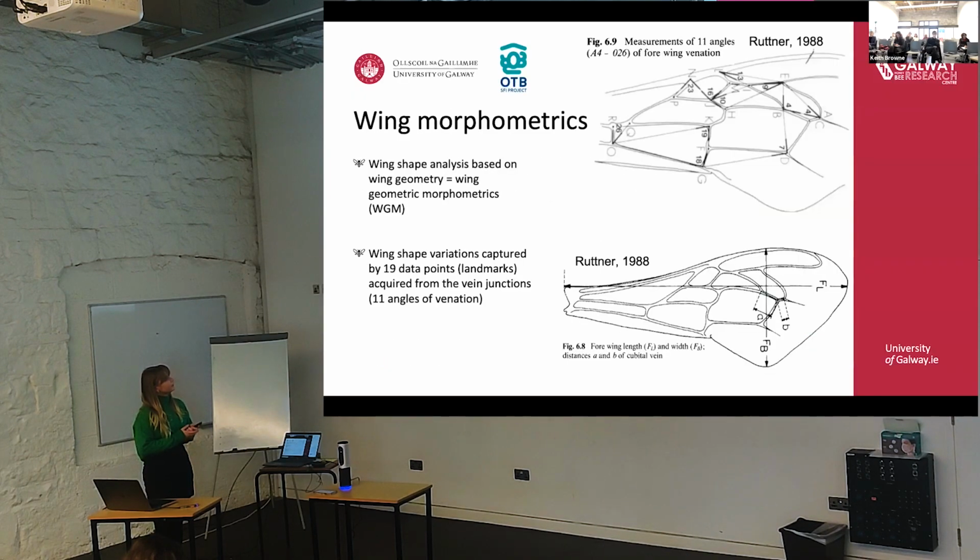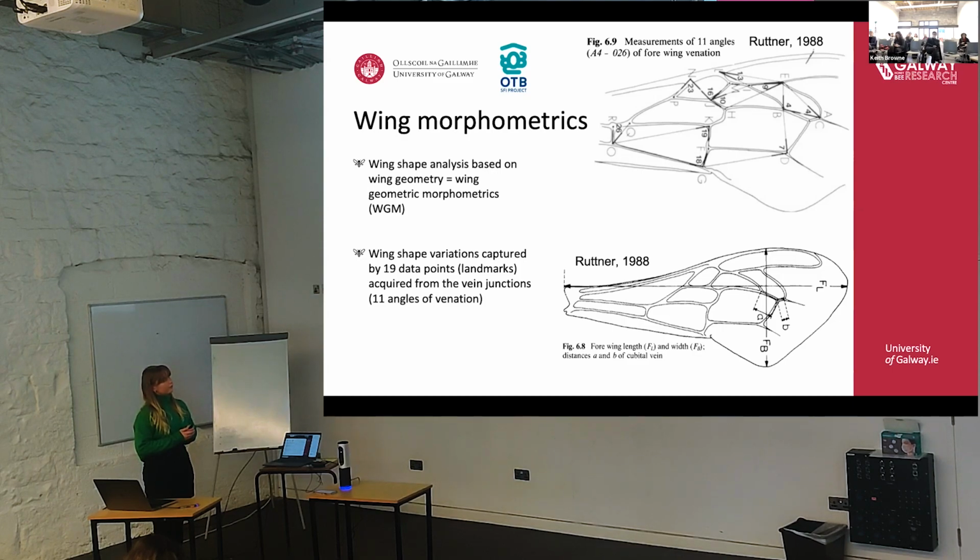In Ruttner's original 1988 work, 14 of his characteristics focused on wings alone. These included these 11 angles of wing venation you can see here, along with the forewing length, forewing width, and the cubital vein.